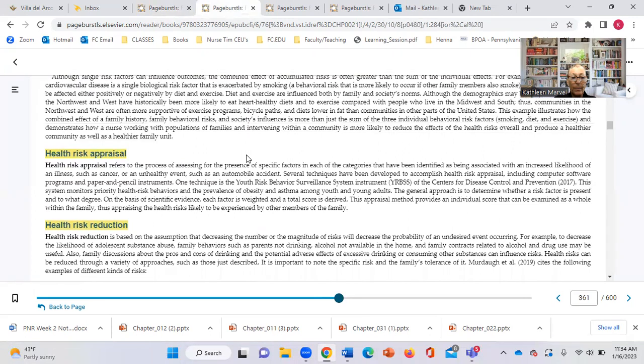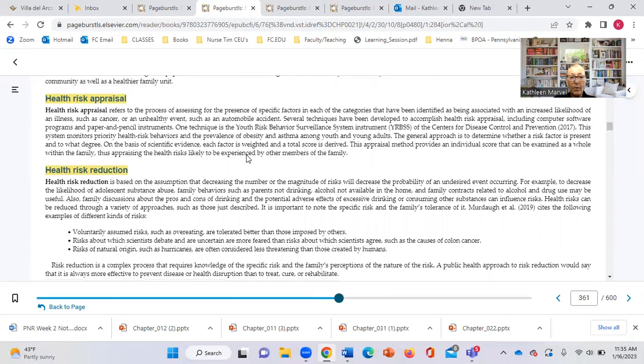That's the assessment. Okay, we're assessing for specific factors that have been identified that put the family at risk. One of our roles is to try and perform health risk reduction, right? So we are trying to help the family minimize their health risks.